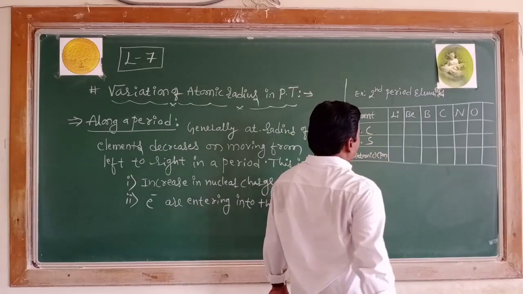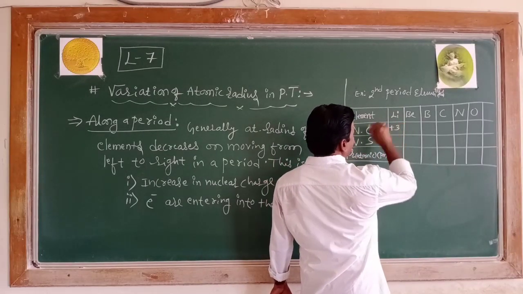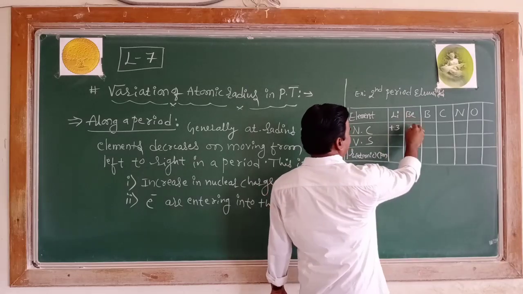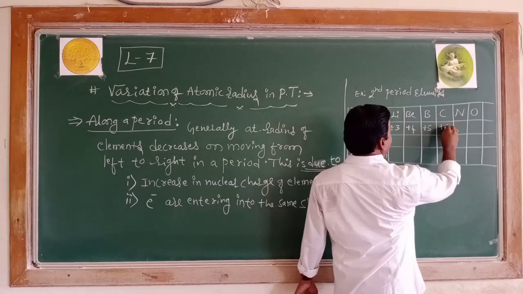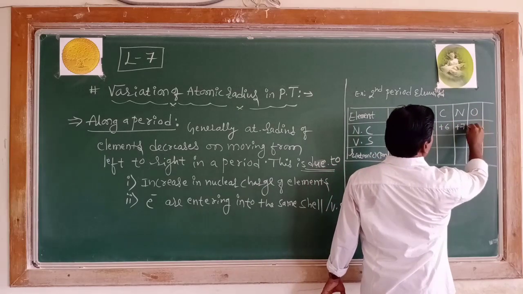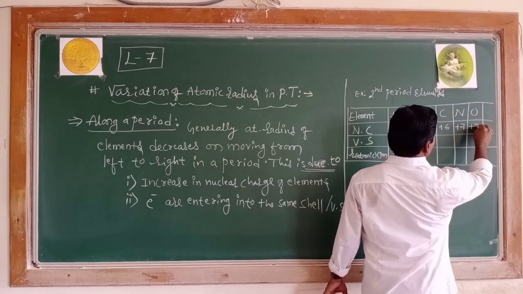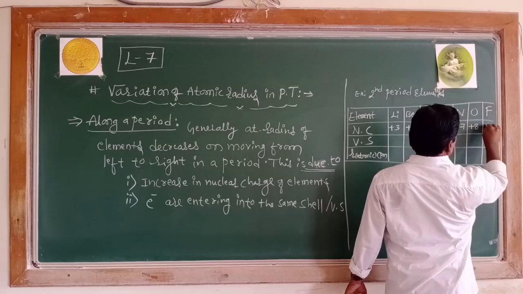Nuclear charge of lithium +3, that of beryllium +4, boron +5, carbon +6, nitrogen +7, oxygen +8, then fluorine +9.